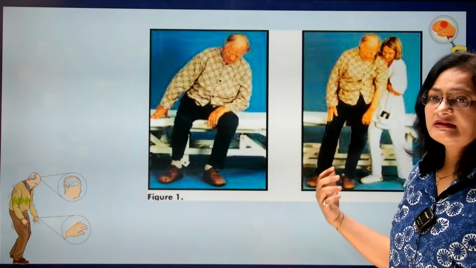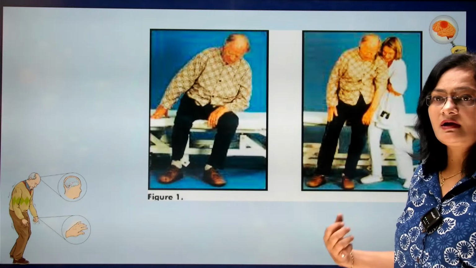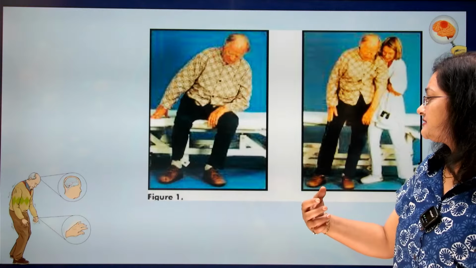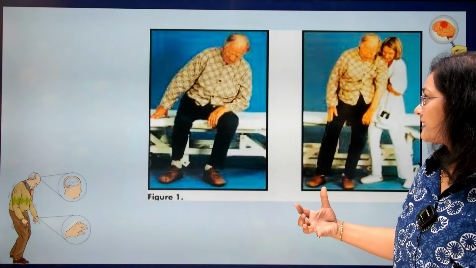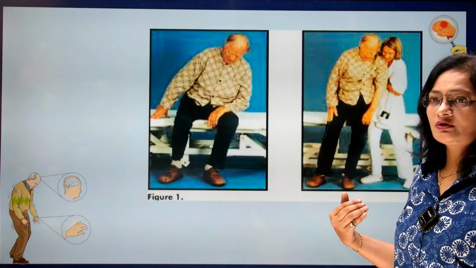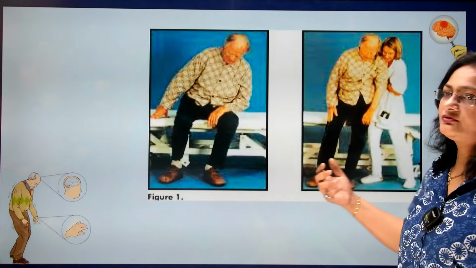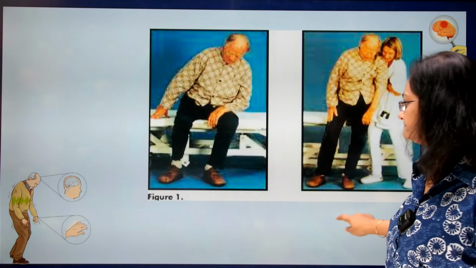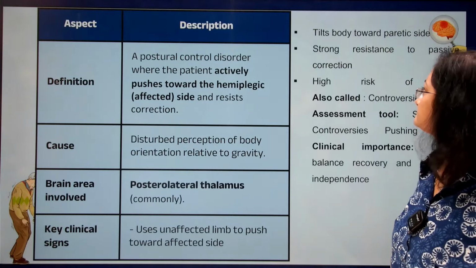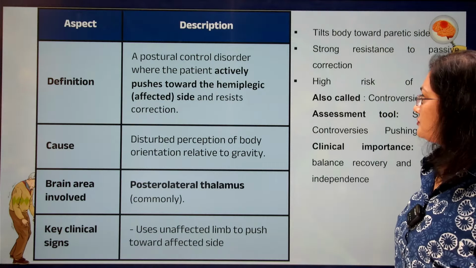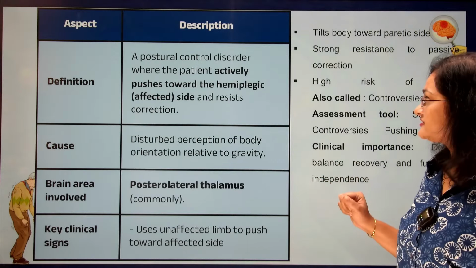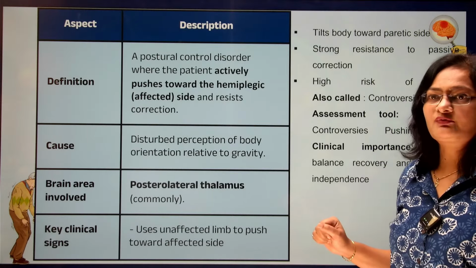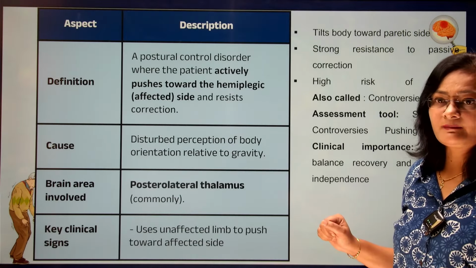The patient leans or pushes on the affected side. This patient has the left side affected and bears more weight on the left side, and in standing also you can see the patient pushes the therapist on the left side. So the patient actively pushes towards the hemiplegic or affected side, that is Pusher syndrome.